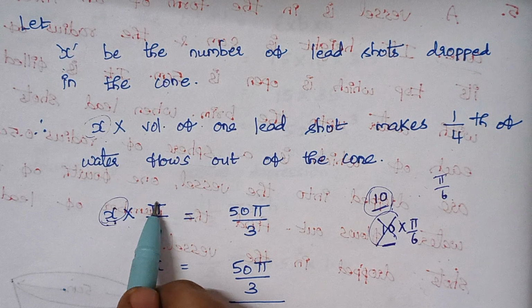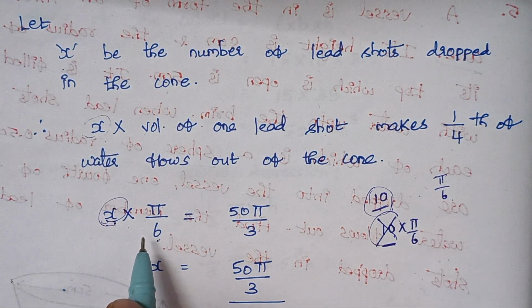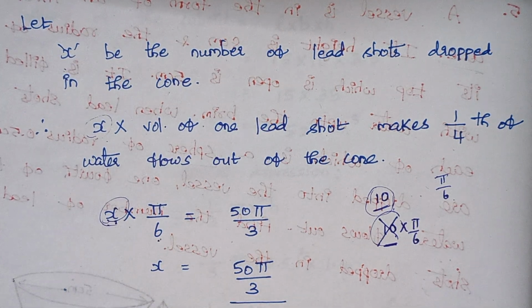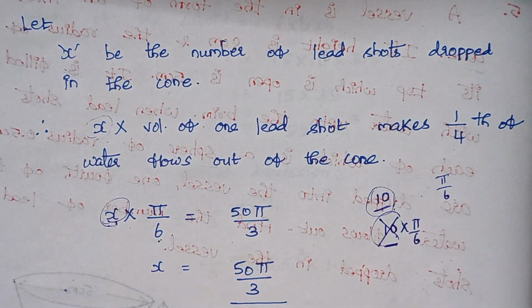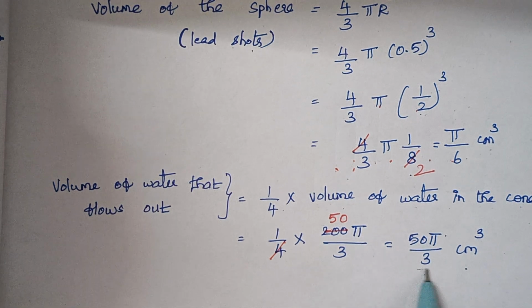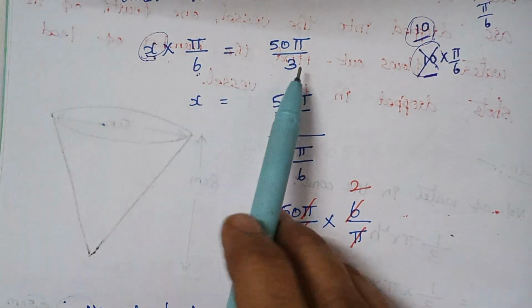So x into pi by 6, when you drop this many lead shots into the water, what happens? 1 by 4th of the volume of the water flows out. So what is the value of 1 by 4th of the volume of the water? We have just now calculated it.